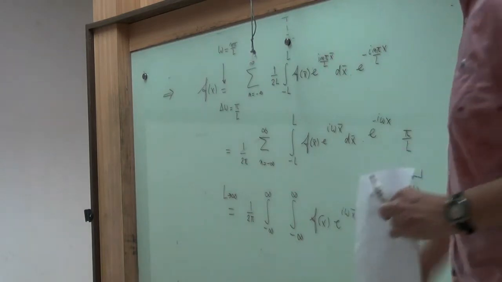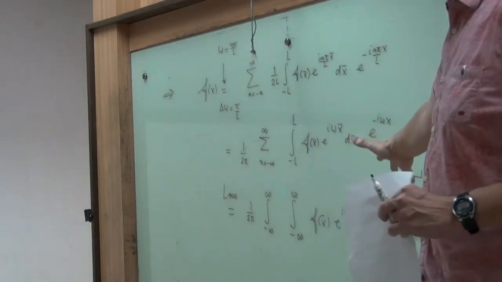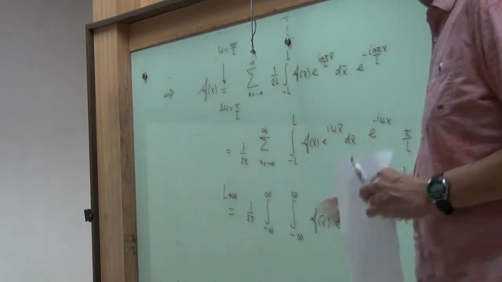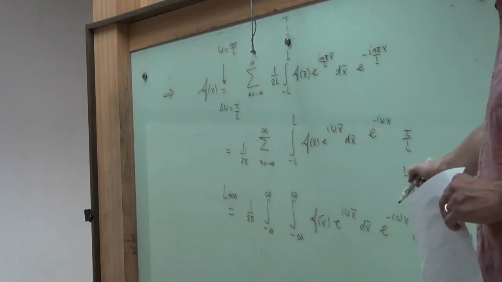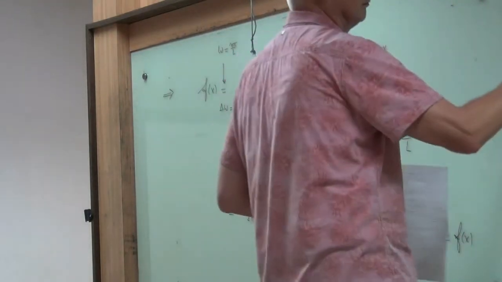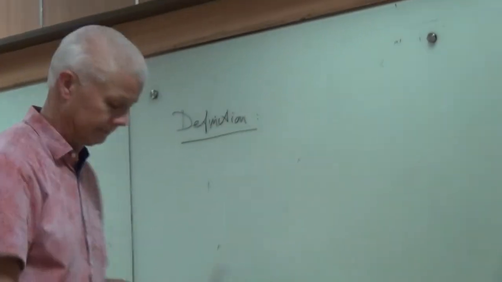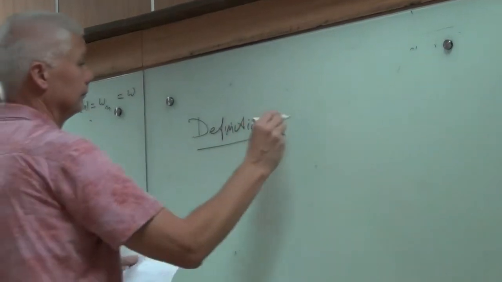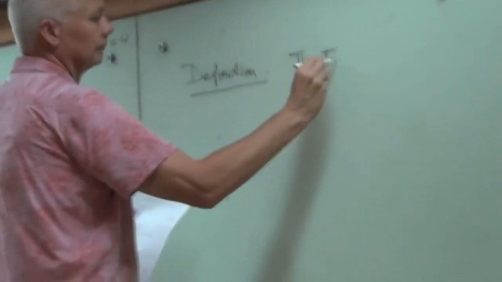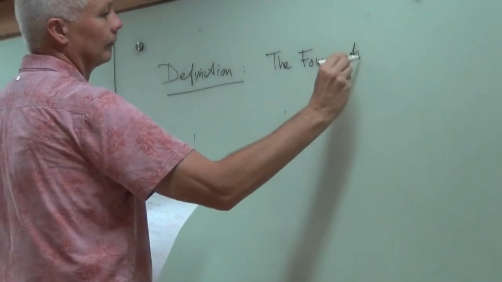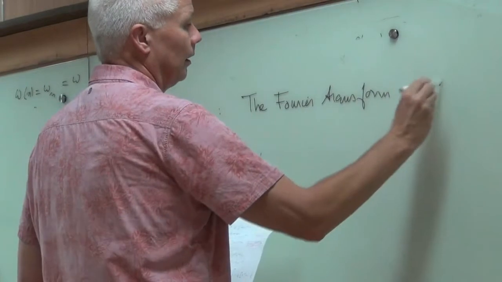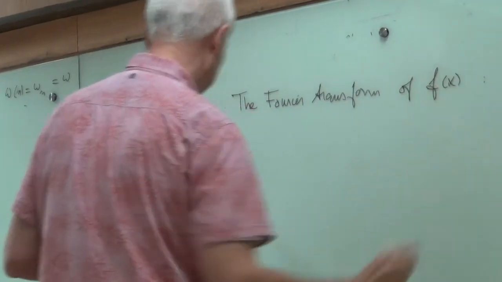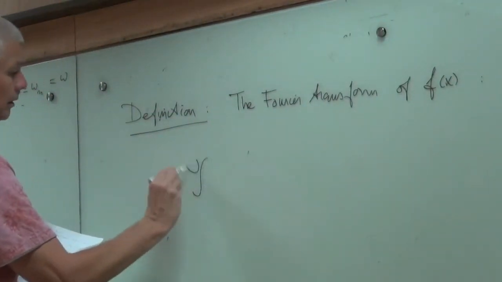And now the definition. So now you can just say, I'm a mathematician. Don't worry about this lousy thing that we derived here. This is only motivation. If I go to the definition, I just define what the Fourier transform is, and you can recognize it in these formulas. That's a definition. The Fourier transform of f(x) is defined to be the following.